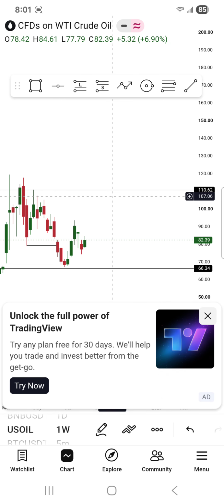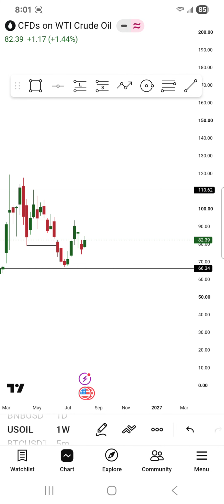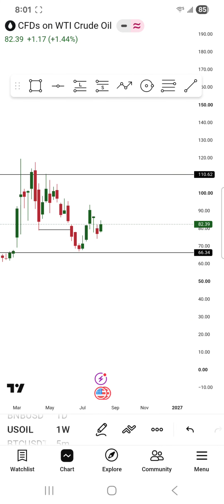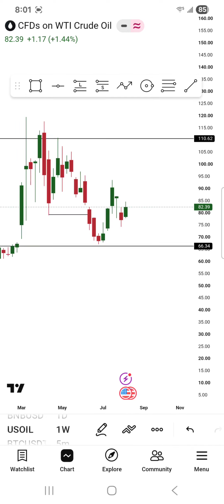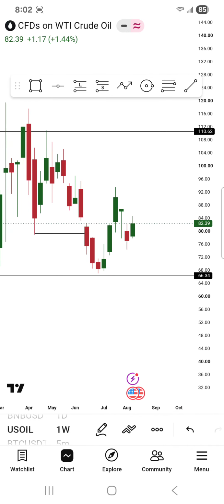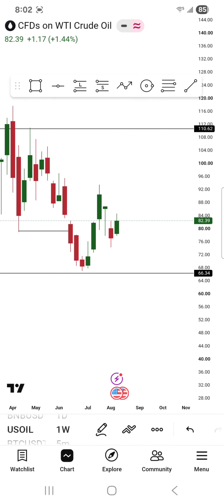Now that this area becomes our trading range, what you need to do is go to the daily time frame so we can understand the most current leg. When I say leg, let's say trend of the market. On the daily time frame is where we look for our directional bias.